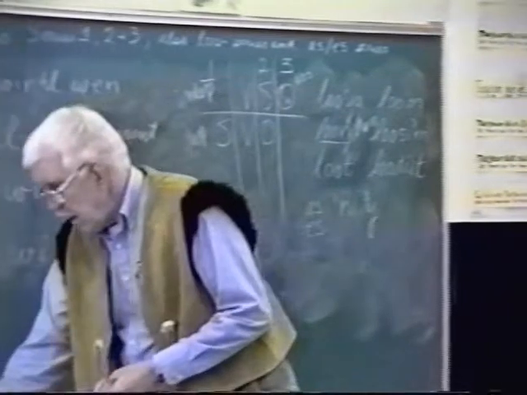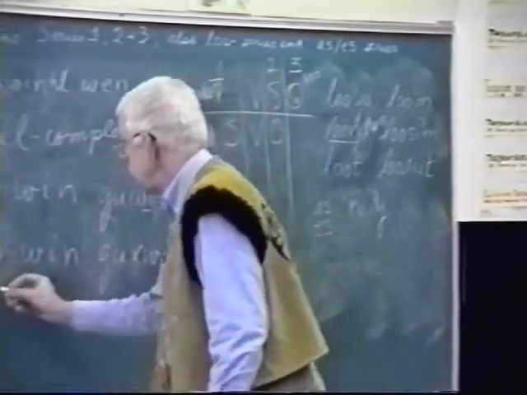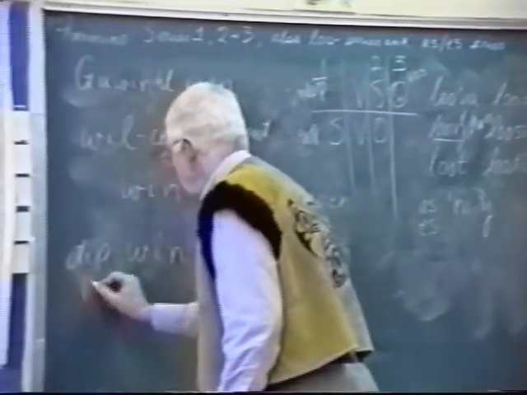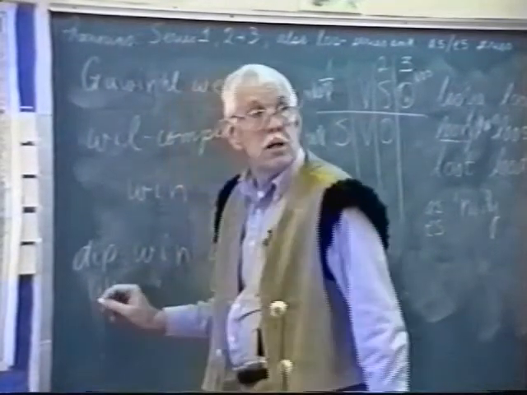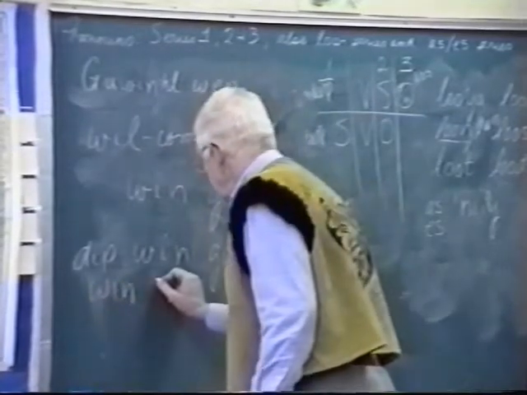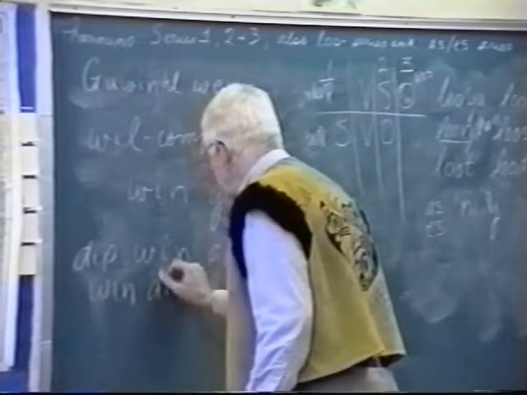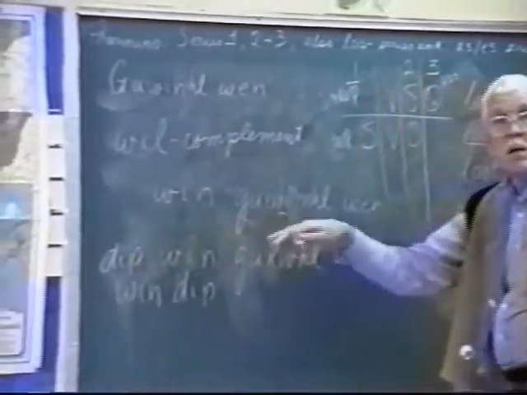It's interesting here then, you see it can be either dip win or, how about win dip? Win dip gook? So this pronoun can occur in either order, so that it has a sub-pattern of its own.